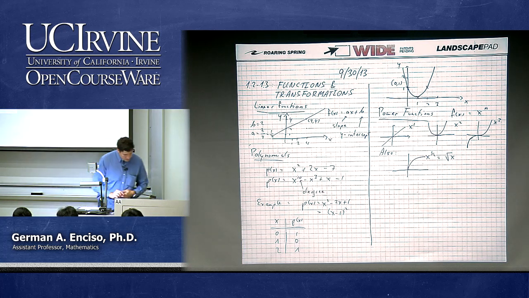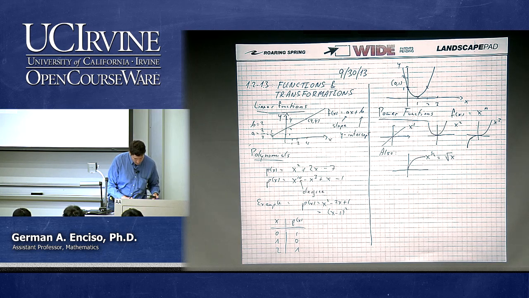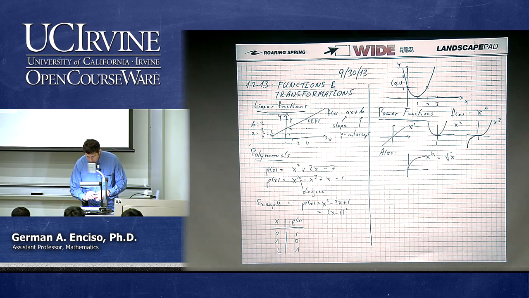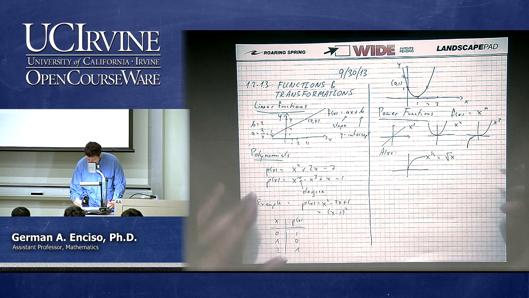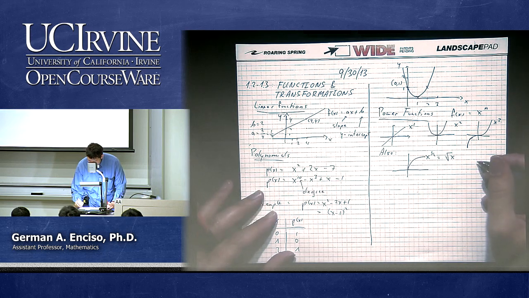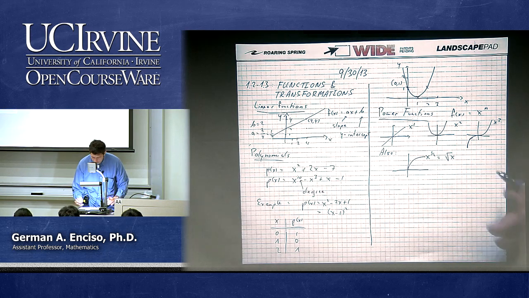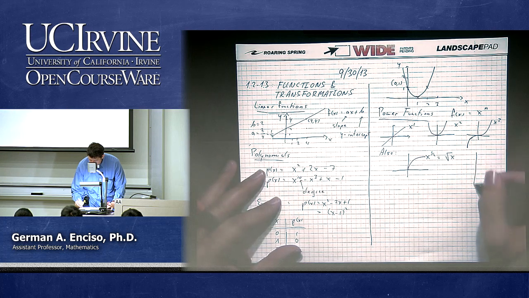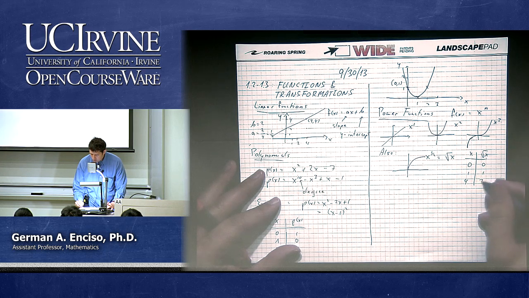What about, let's see. By the way, we're not going to draw a table for this. Well, sure, we can draw a table for it. So x and square root of x: 0 goes to 0, 1 goes to 1, 4 goes to 2.